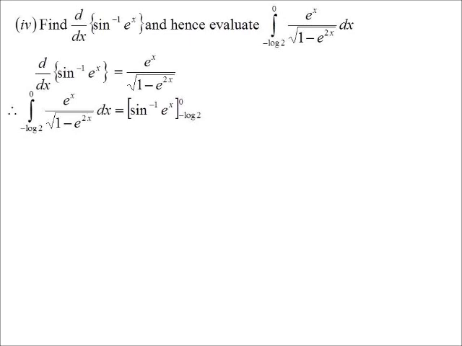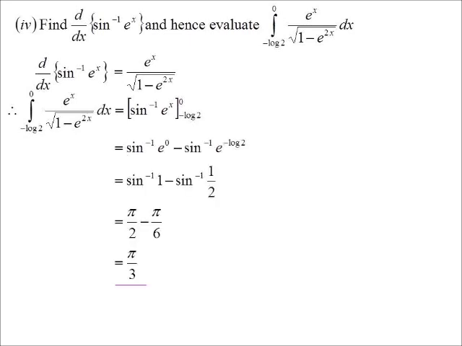So we must go back to the inverse sine of e to the x. We're going from minus log 2 to 0. So we're going to play around with our log laws. So sub in 0, e to the 0, well that's 1. E to the minus log 2. Now e to the log would cancel, but I haven't got e to the log, I've got e to the minus log.